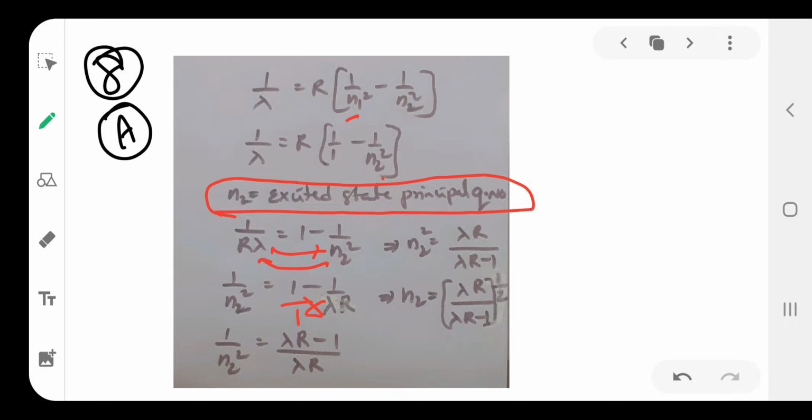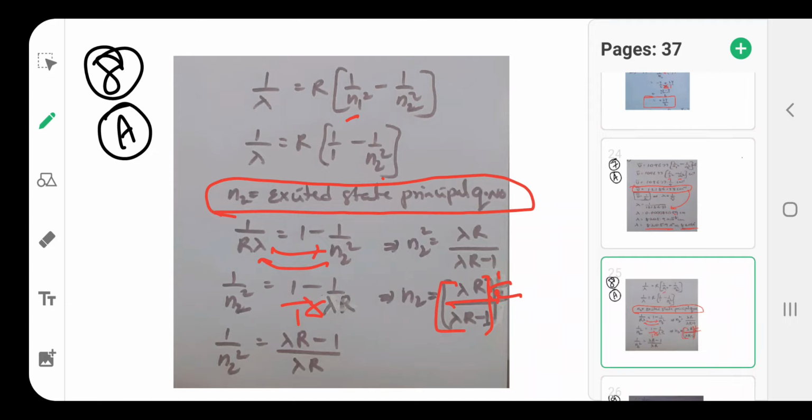Then n2 is equal to lambda R divided by (lambda R minus 1), whole power 1 by 2, since the square becomes power 1 by 2.